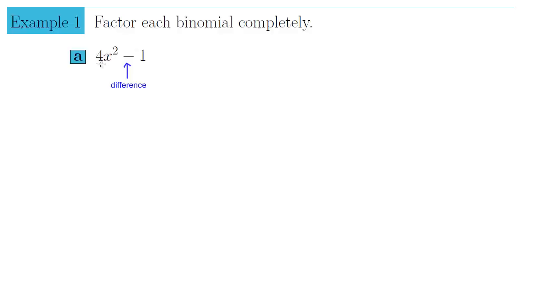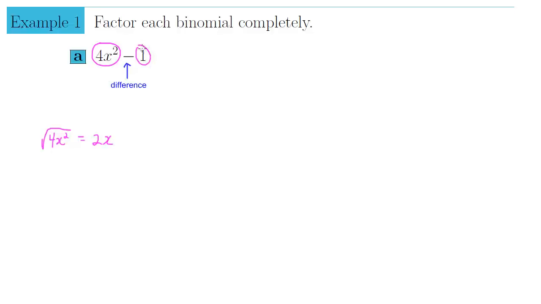To check whether this is a difference of squares, one thing you can do is take the square root of each term. If you can find the square root of 4x squared, then 4x squared is a perfect square. The square root of 4 is 2, the square root of x squared is x. So when you square 2x, you get 4x squared.